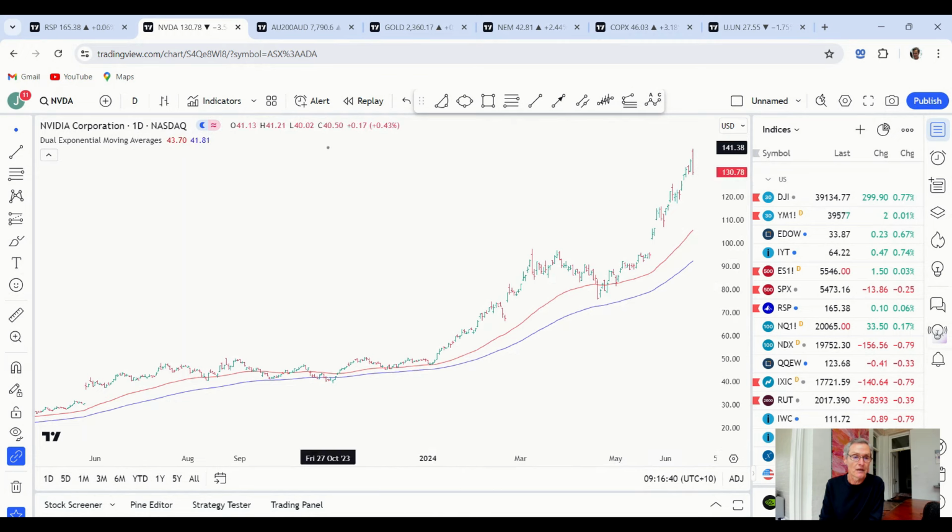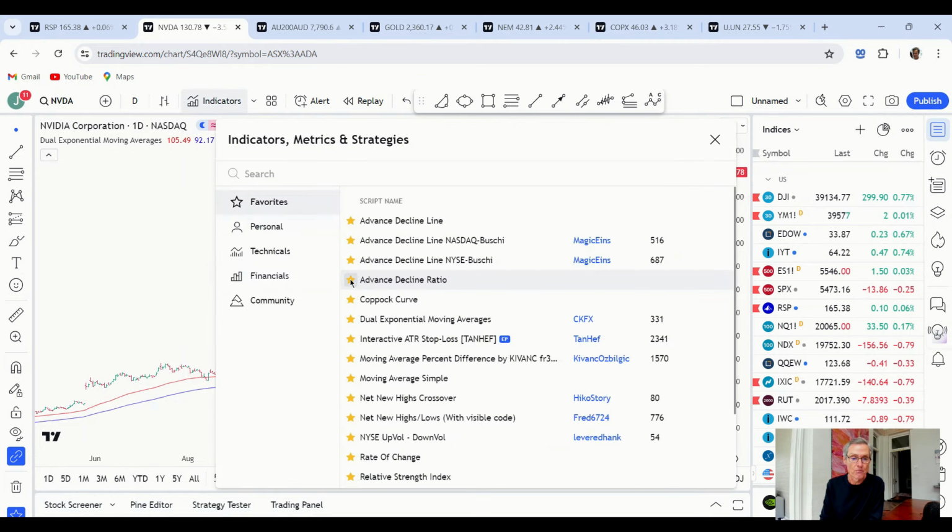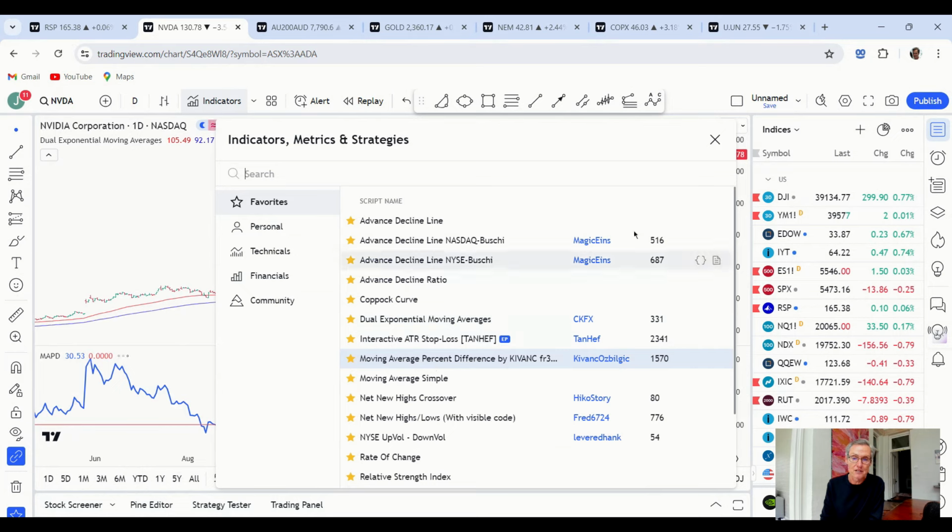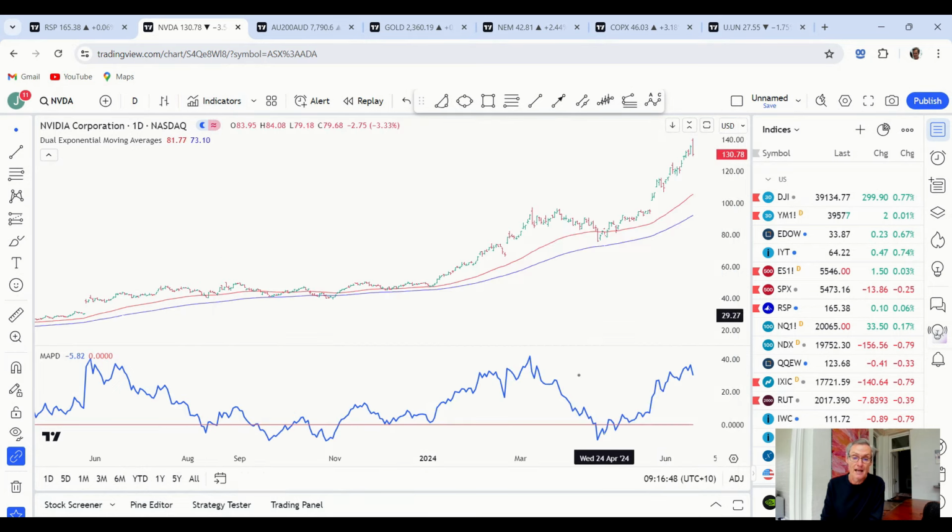What I want to do is put on an indicator to help demonstrate that. It's a very simple indicator. It shows the percentage distance the current price is from the 50-day moving average, and you can see it's up around 40% above the 50-day moving average.